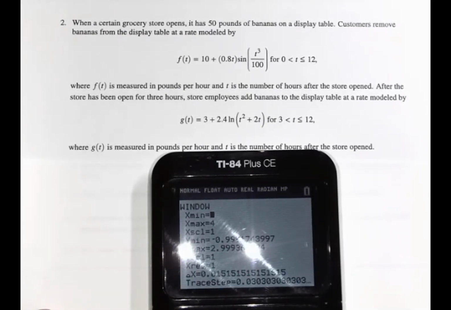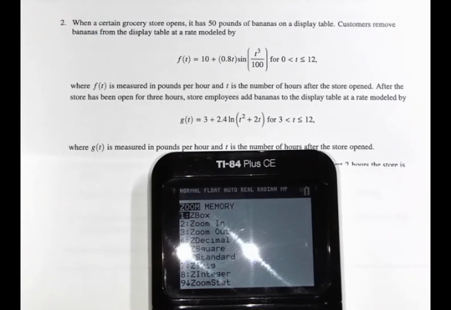So I'll go over here and control my window to go from 0 to 12, so I'm covering both of them. And then I will do a zoom fit, zoom option 0, so hopefully I get a good picture out of this. Let's go see.